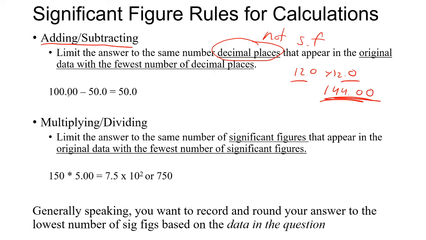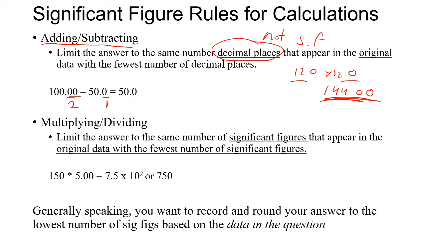So in this number here, how many decimal places are there in 100.00? There are 2 decimal places here. How many decimal places are in 50.0? 1. So I take 100.00 minus 50.0. The correct number I should report is the least number of decimal places.